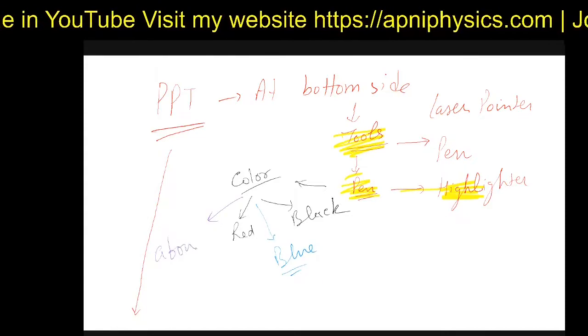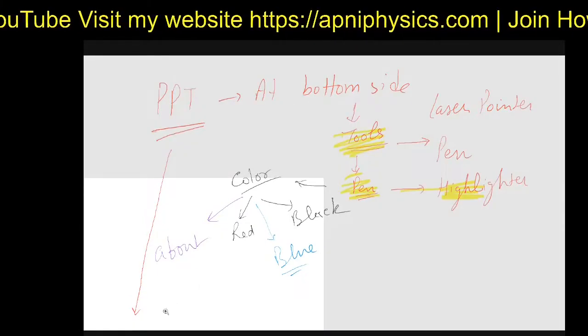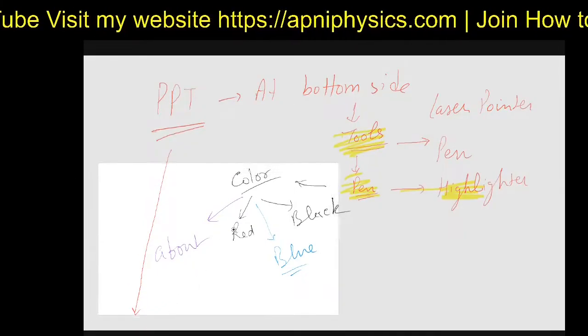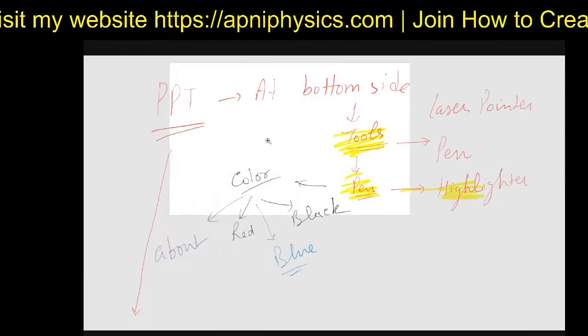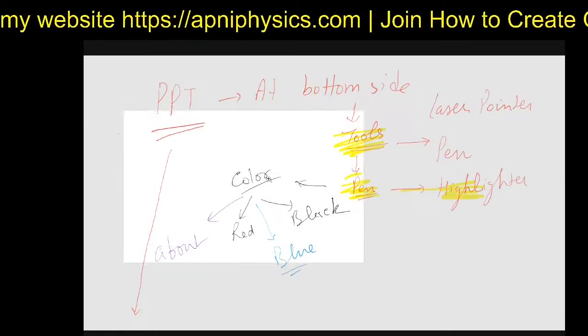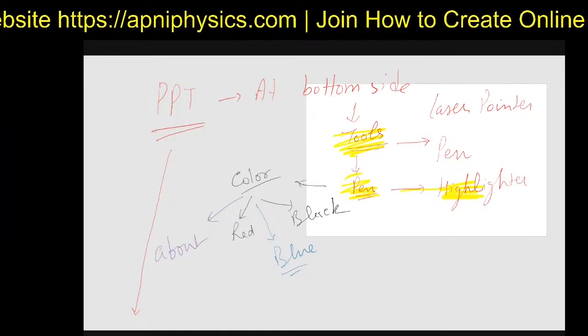The next point is about zooming. Suppose I have just clicked the zoom, and wherever I use this mouse, only that part will be highlighted.